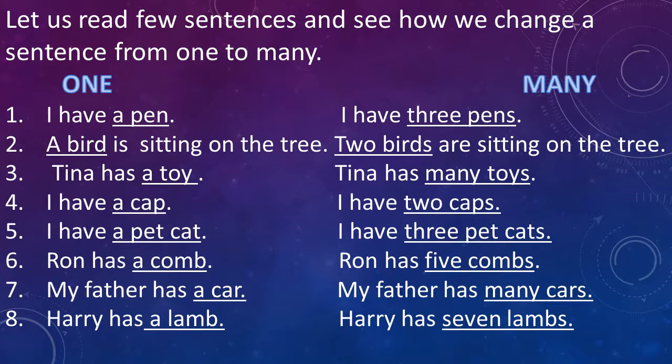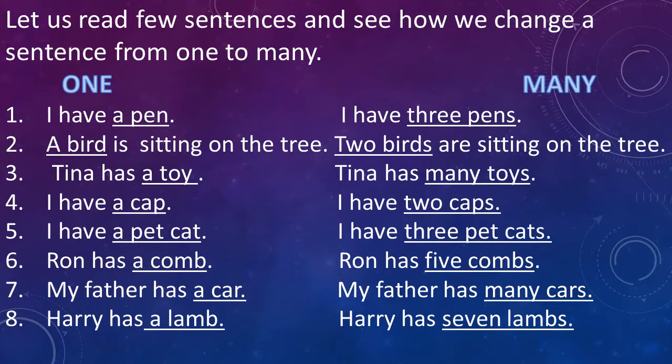Now, note over here. A bird means one bird. Now with one thing we are using is. If you remember, children, is is used with only one thing. Now when I change it to many, I will not say two birds is sitting.